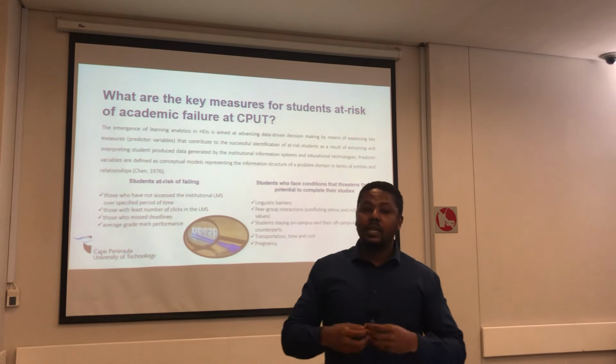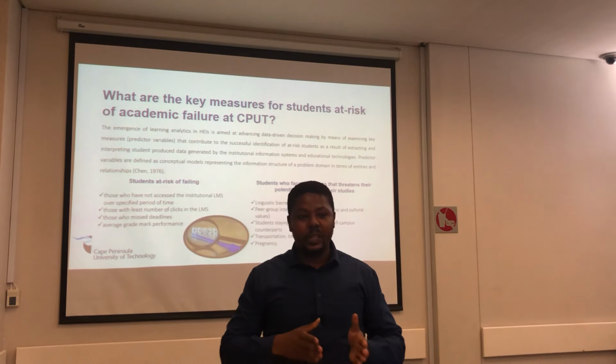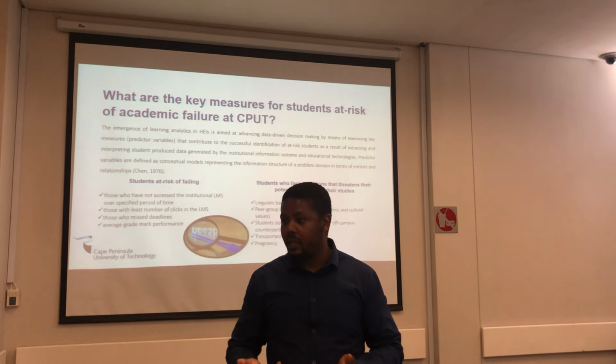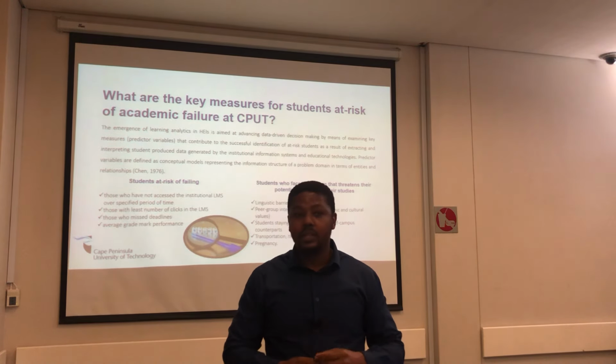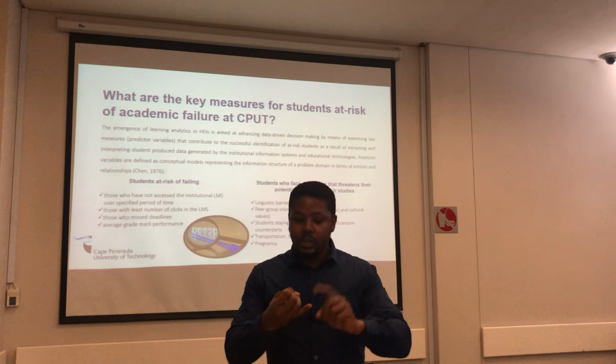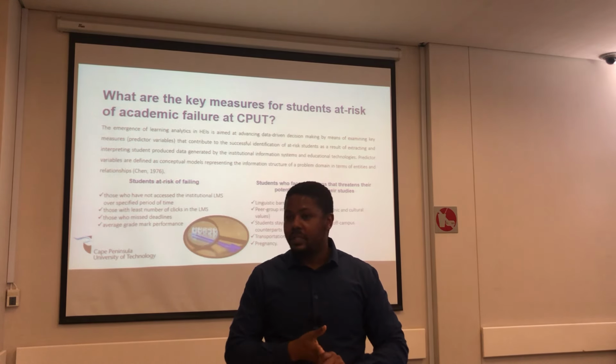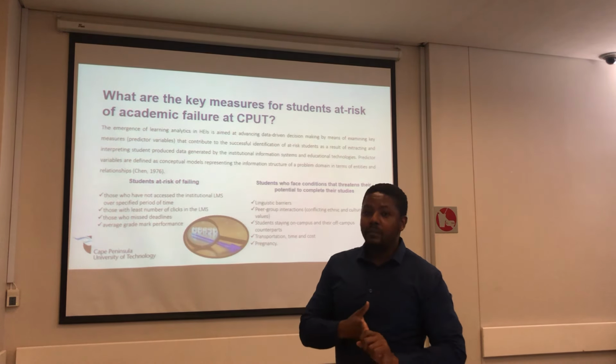So if a student has not yet accessed the institutional LMS, when you are 2 months in, and you notice that the student has not even logged in, whereas you have your content in there, your assessments in there, your tasks in there, your assignments in there, but the student has not accessed, then you know that the student might be at risk.